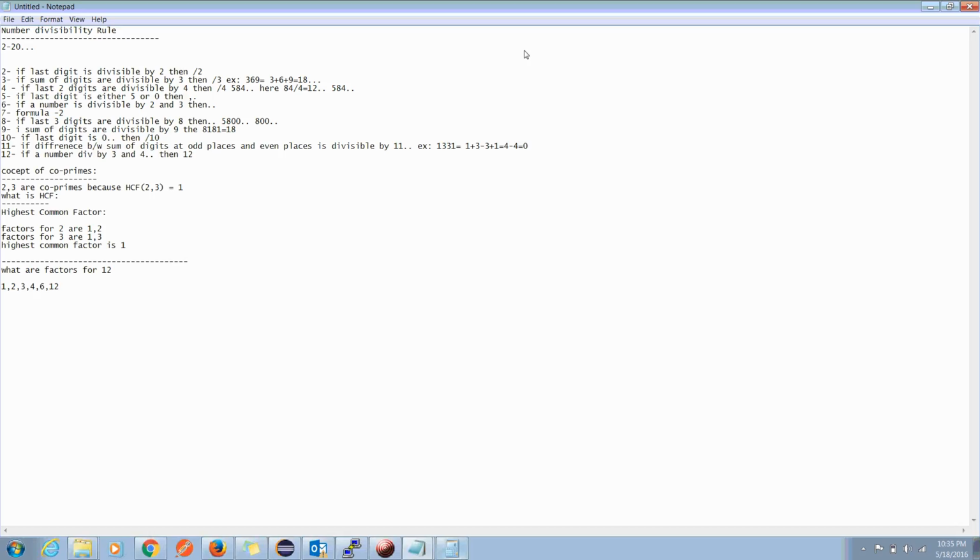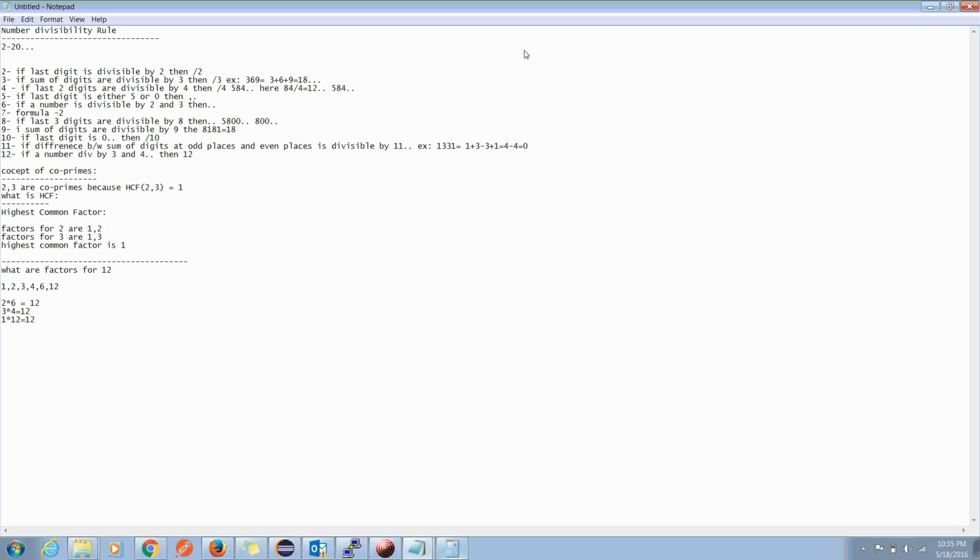So here 2 and 6 give 12, and 3 and 4 give 12. 1 and 12 give 12. So if a number is divisible by 3 and 4, the number is divisible by 12.